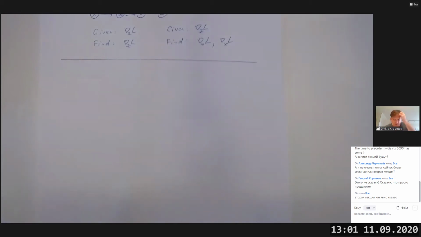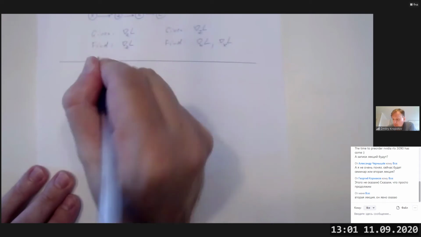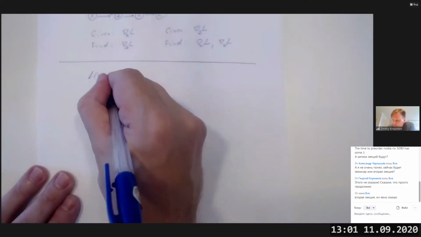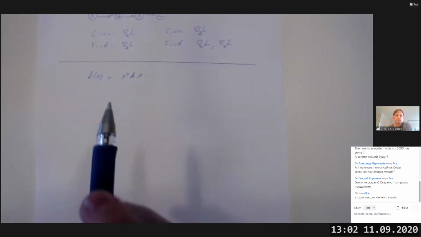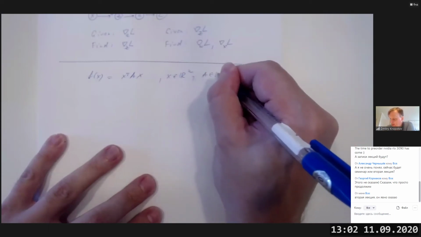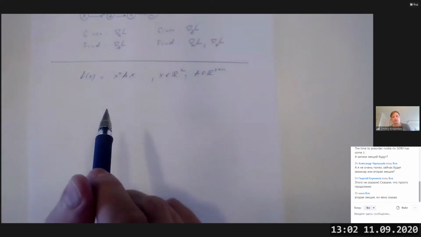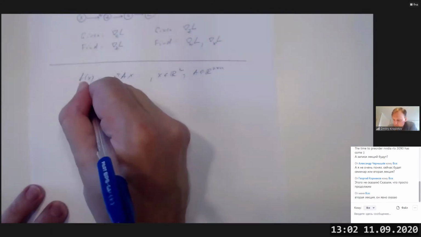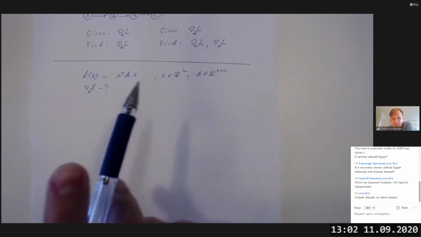So what is the problem? Consider that we have some function like this. Here, x is some vector, A is some n by n matrix, and f is a real valued function. And we need to calculate the gradient with respect to x, I mean, calculate it analytically by pen and paper.